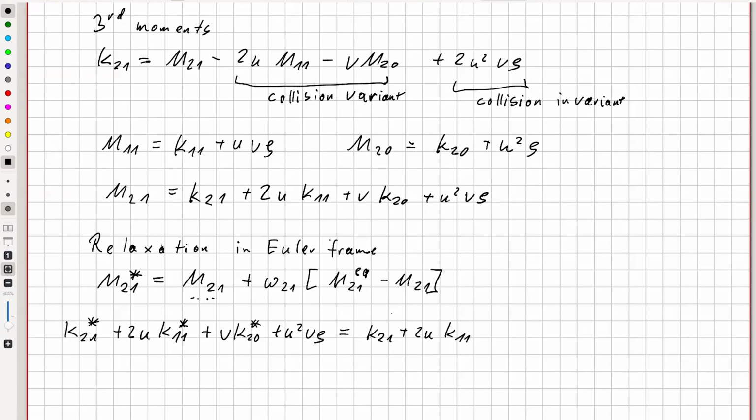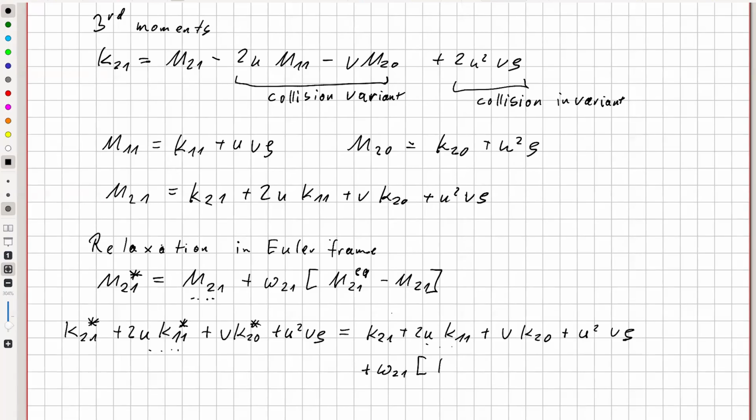Now you already notice that previously these things would cancel out, but they no longer cancel out. Plus K11 plus V K21 plus U square V rho, and then comes this part here, omega 1 2 times K.